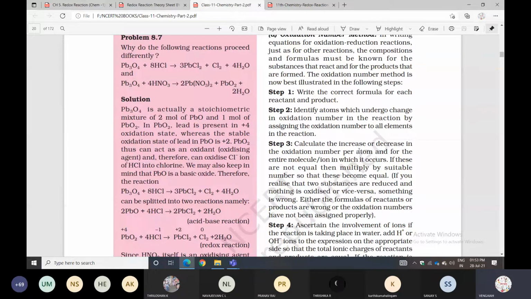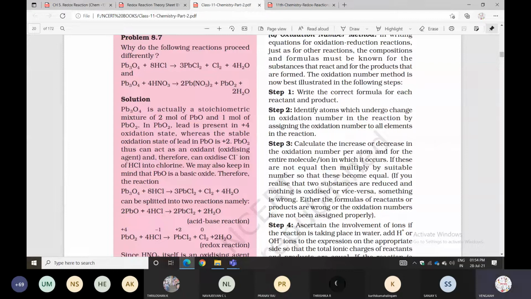What is given? Calculate the increase or decrease in the oxidation number per atom for the entire molecule or ion, and if these are not equal, multiply by a suitable number so that these become equal. If you realize that two substances are reduced and nothing is oxidized, something is wrong.